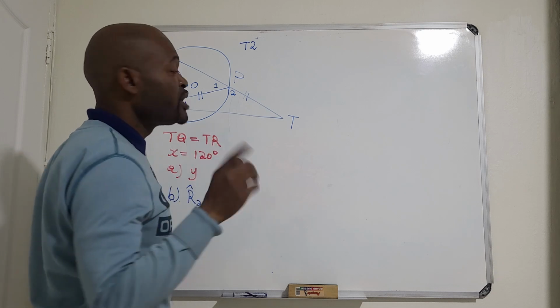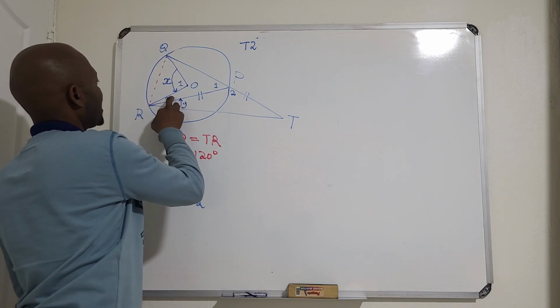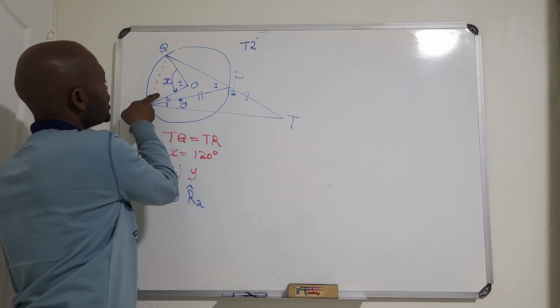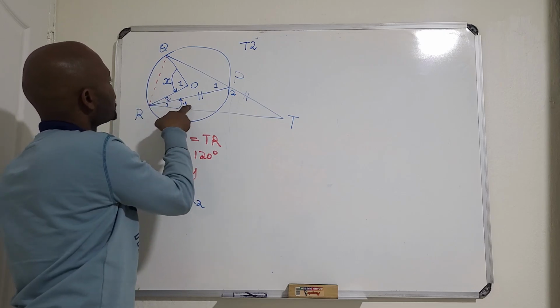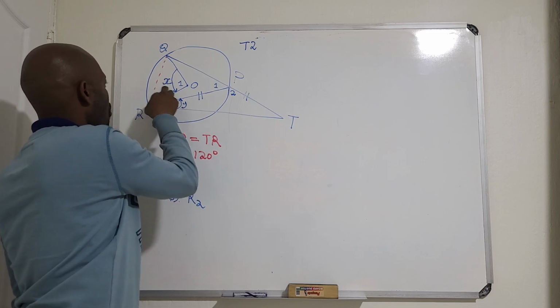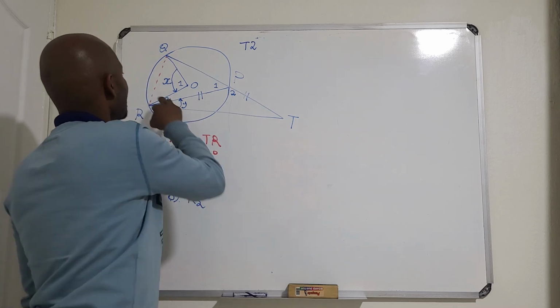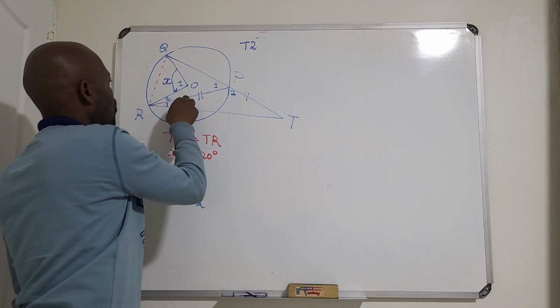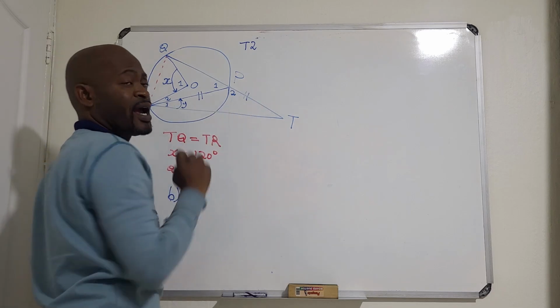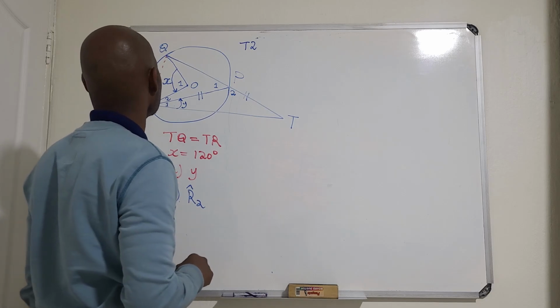Now, for me to find this angle here, I need to find this angle there. I know this angle there. I also need to find the whole of this angle there. And I know this angle is equal to that angle, which is 30 degrees.